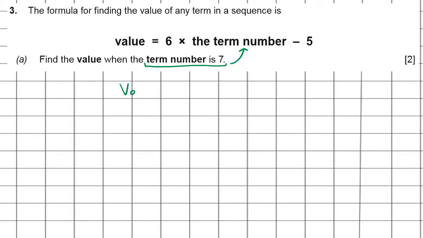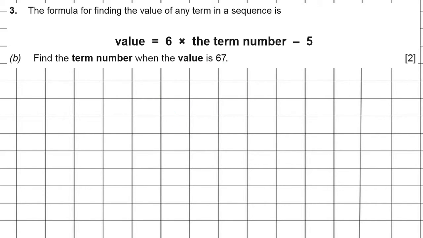So value equals 6 times the term number, which is 7, take away 5. So how are we going to do this? So we have 6 times 7, which is 42, take away 5, gives us 37.